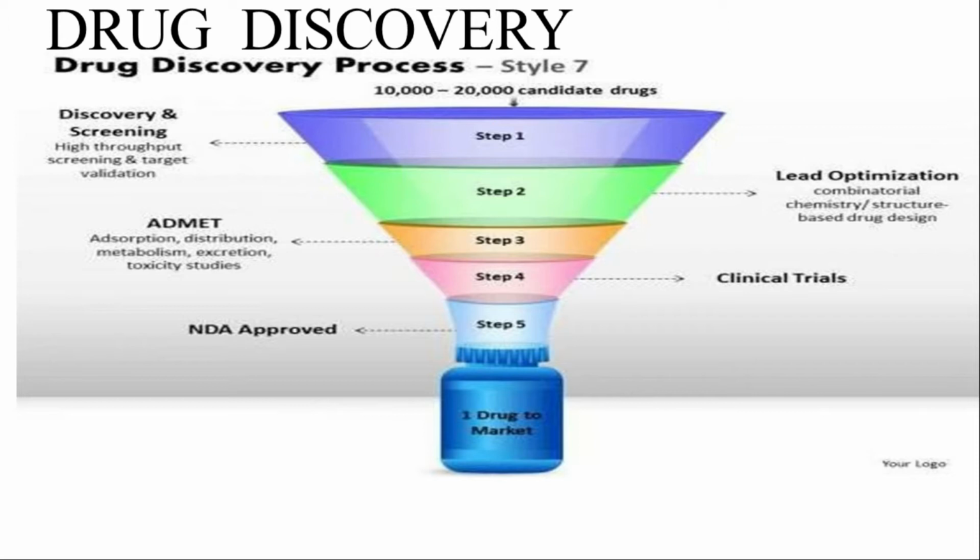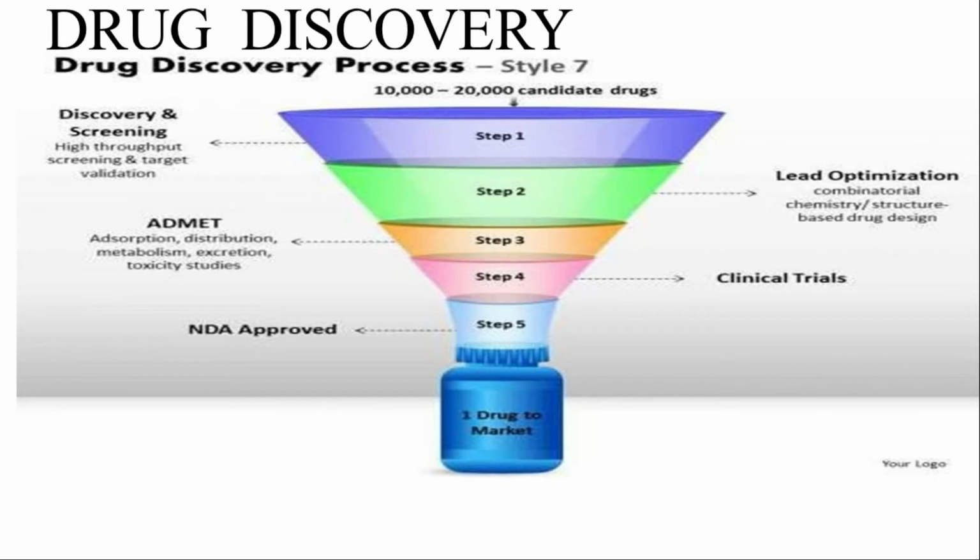After combinatorial chemistry and structure based drug design studies, it goes into step 3, which involves the ADMET study, that is absorption, distribution, metabolism, excretion and toxicity study. You can see the shape of the funnel at step 3. Here the number of molecules is around 1/3, or you can say 1/4 of the molecules are taken in step 3.